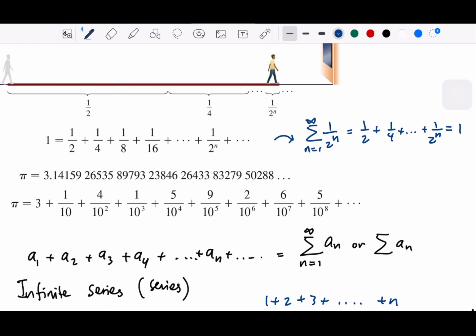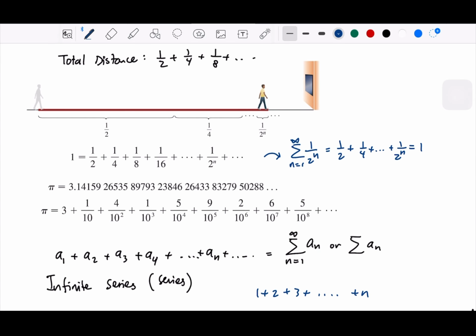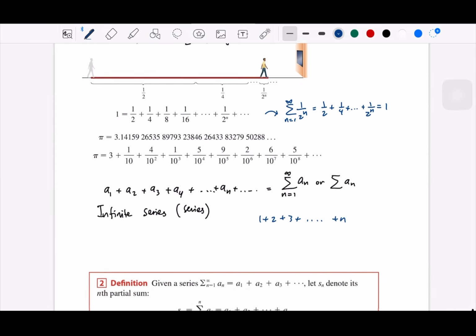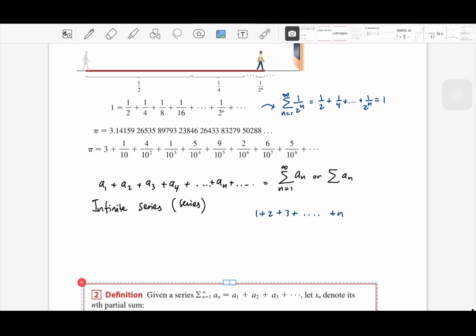Now, one way to see this could be true is by taking the partial sums. So consider the partial sums.